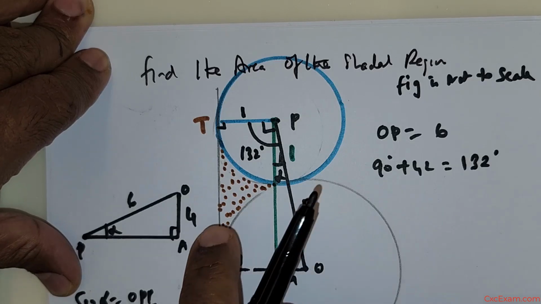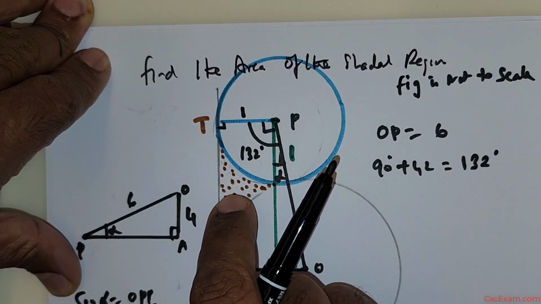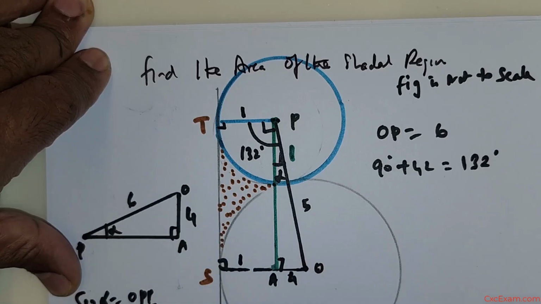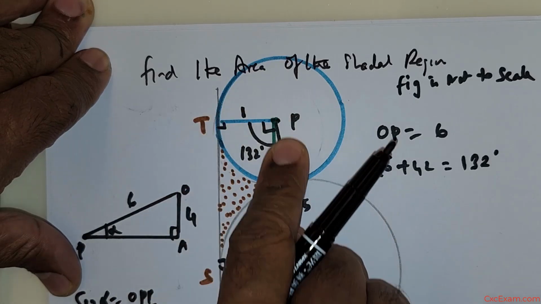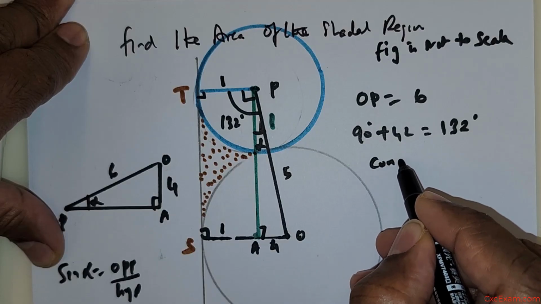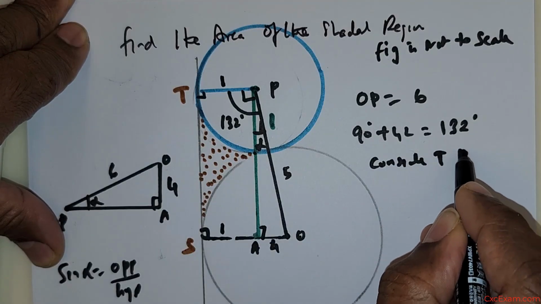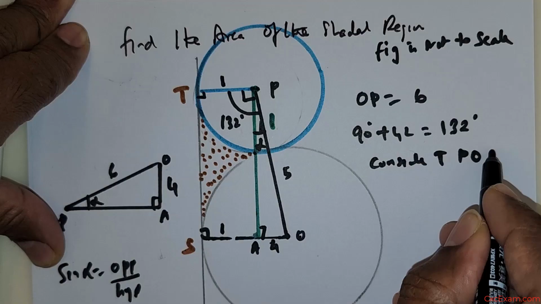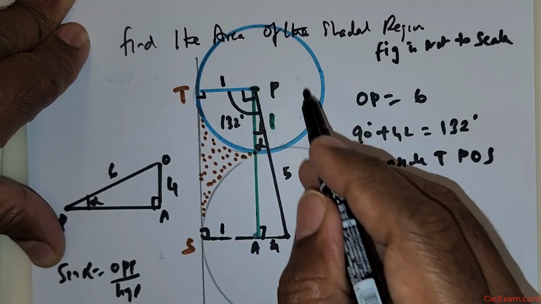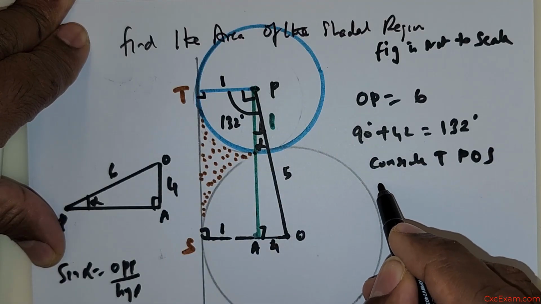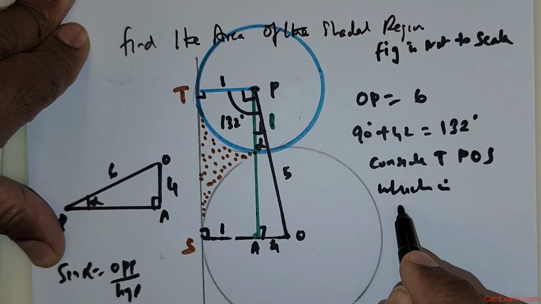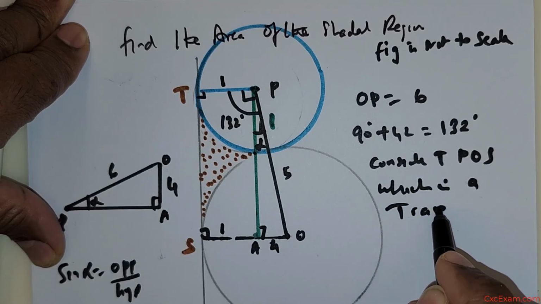Why? Because we are asked to get this shaded region. So how do I get the shaded region? Now if you were to see this figure, consider TPOS. What is this? This is a trapezium, okay, which is a trapezium.